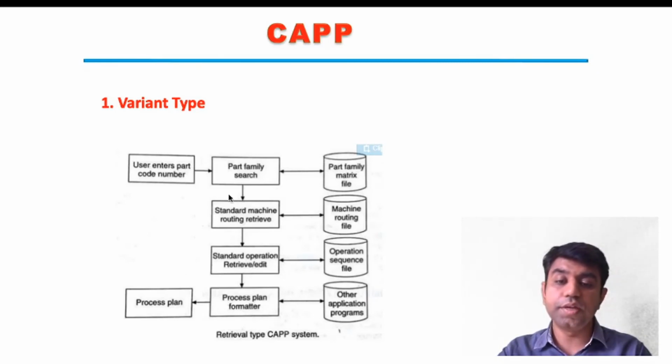This is called a variant type or retrieval type of process plan. It is called retrieval because we are just retrieving the data from the code itself. These are the things you had given as input to the computer at the primary stage itself. The computer is just reading the code, and accordingly it is generating a process plan.